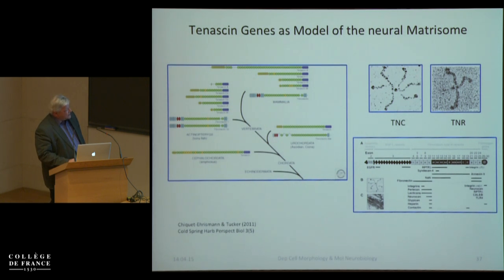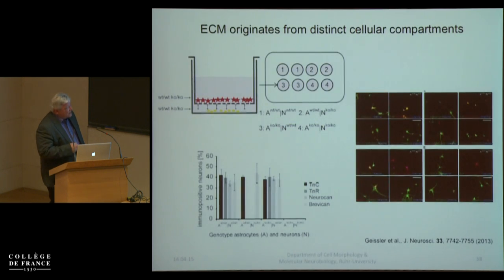So we analyzed a system where both of these are missing, and we used our co-culture system to try rescue experiments. How did we do that? We used the co-culture system to cultivate neurons and astrocytes separately, combining wild-type and knockout cells in different configurations.